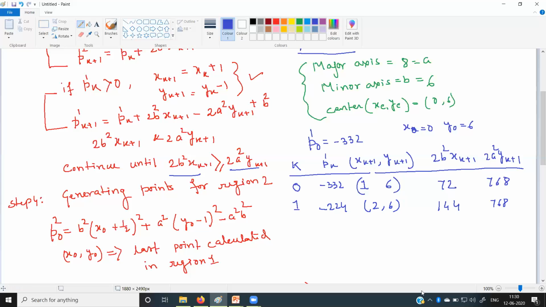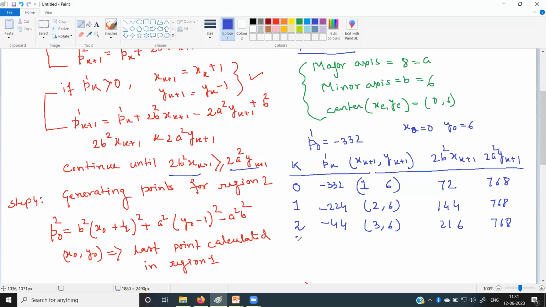Fine. Now for the next iteration 2, if you do so, you will get the value minus 44. And again, using the same logic, you can compute it will be 366.